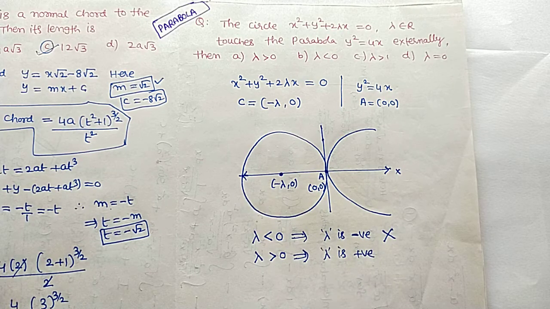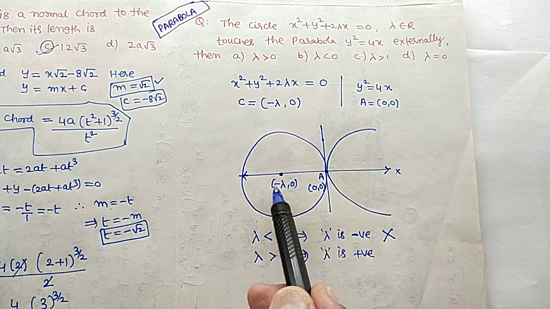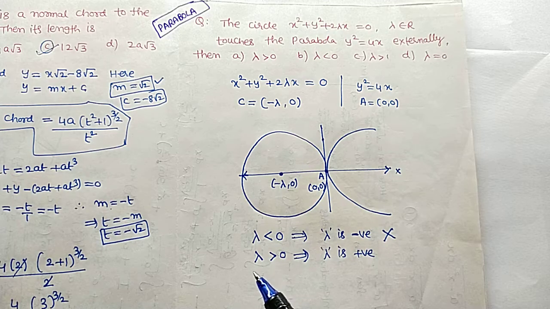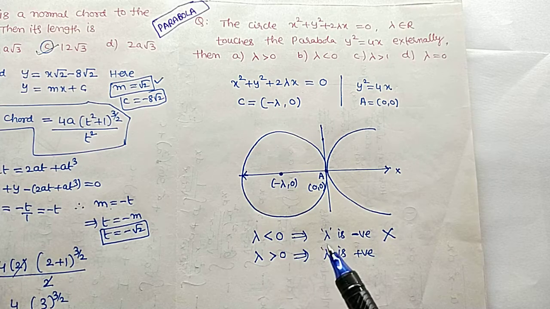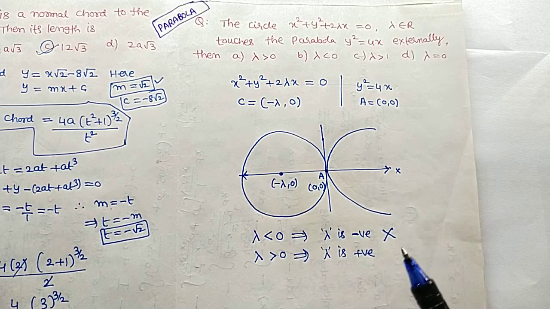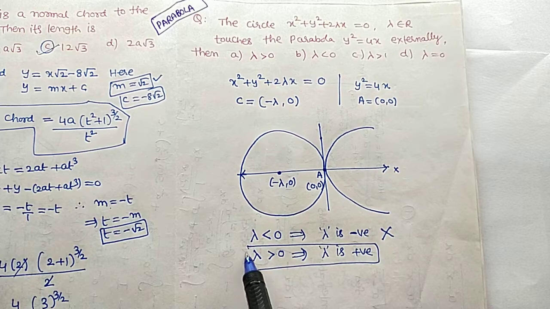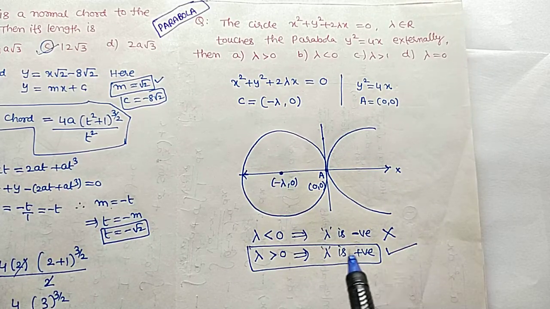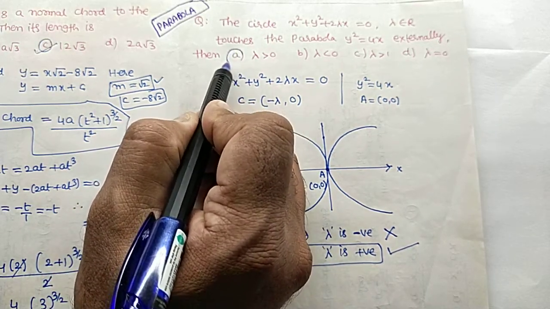If lambda is 1, the center is minus 1 comma 0, and that point belongs to the negative x-axis. So for values of lambda greater than 0, the circle and parabola touch externally. So lambda greater than 0 is the correct option, which is the first option.